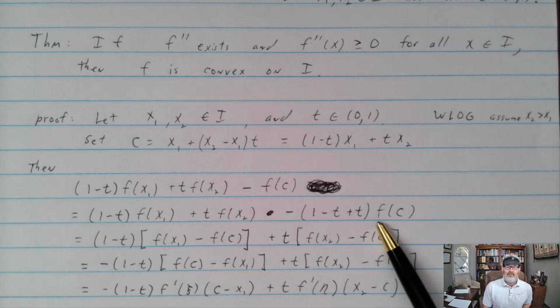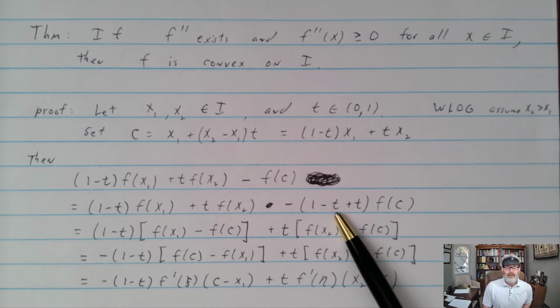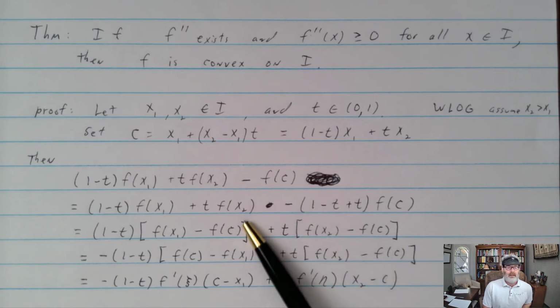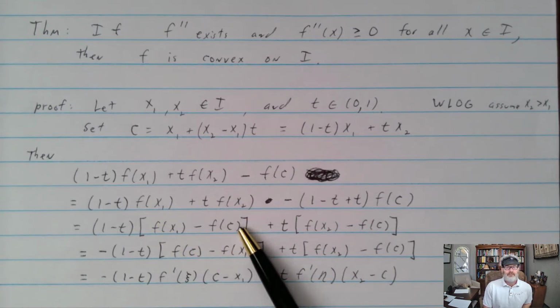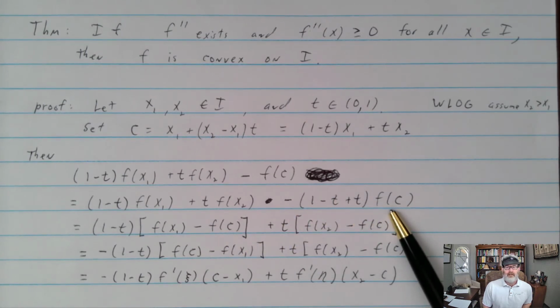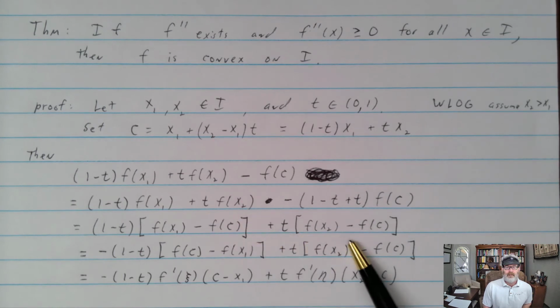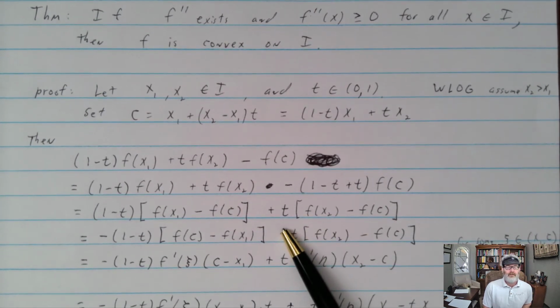So that's the same thing because that equals 1. But now I'll take the 1 minus t f of c part and combine it with the 1 minus t f of x1, and then the minus t f of c and combine it with this t f of x2. So I split that f of c into the two parts there.